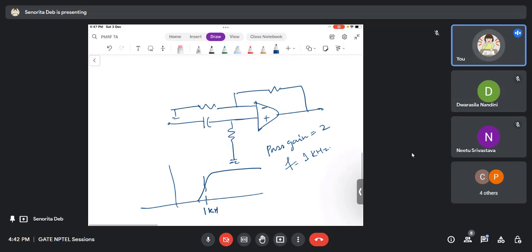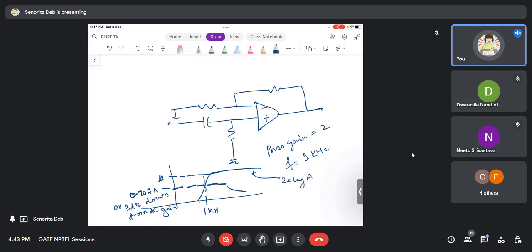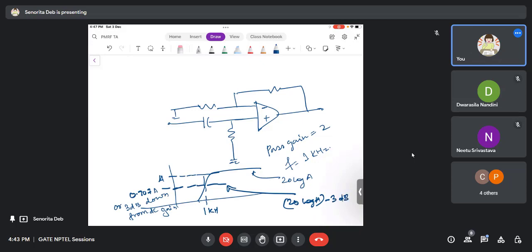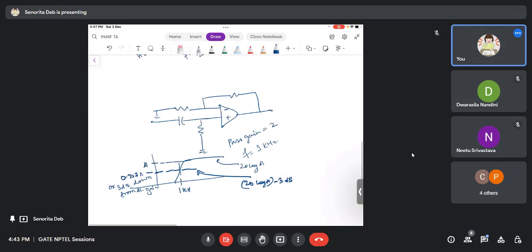And the cutoff frequency is nothing but that frequency where your gain is 0.707 times, or 3 dB down from the DC gain. 0.707 times A, where A is this. Or if you have taken it as 20 log A, then this will be 20 log A minus 3 dB. Okay, just have a look into it.